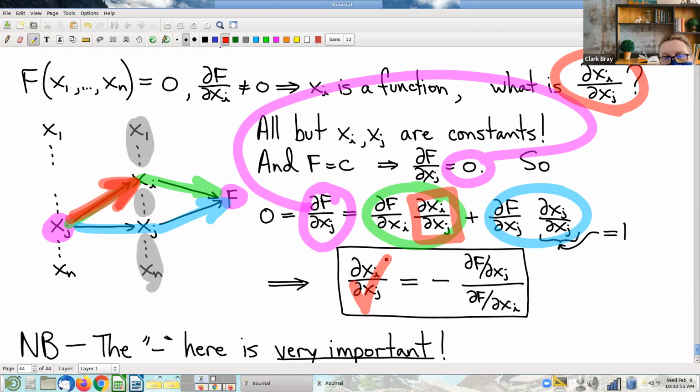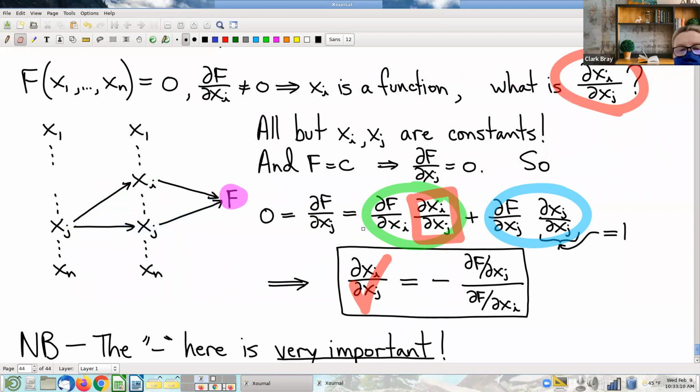Yes. Wouldn't it just be 0 since delta f over delta xj is 0? Well, so, oh, I hear what you're saying. Okay, so great question. There's a tragedy in the notation. Let me get rid of all the color coding here.